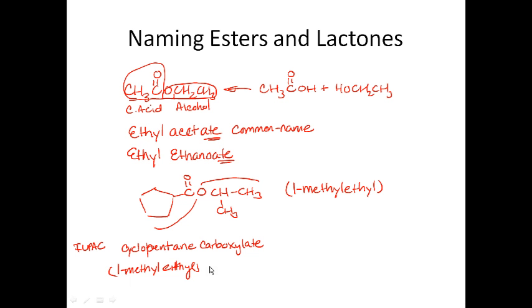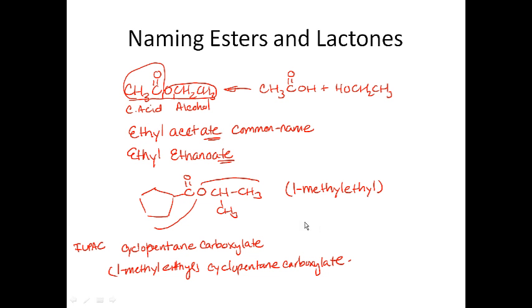And then it would be cyclopentane carboxylate. Or the other thing you could write is isopropyl cyclopentane carboxylate.